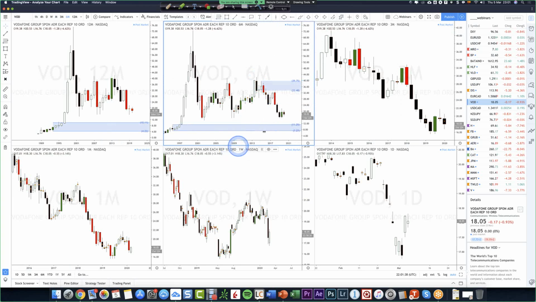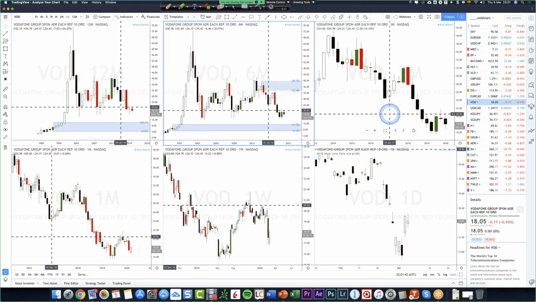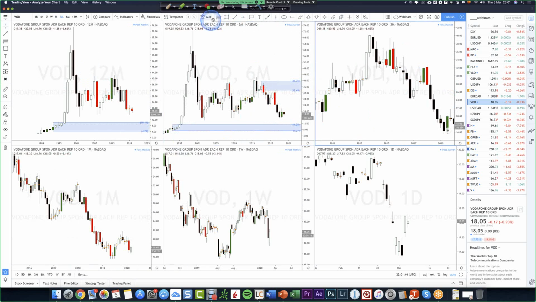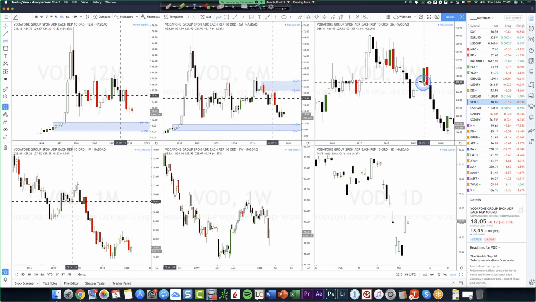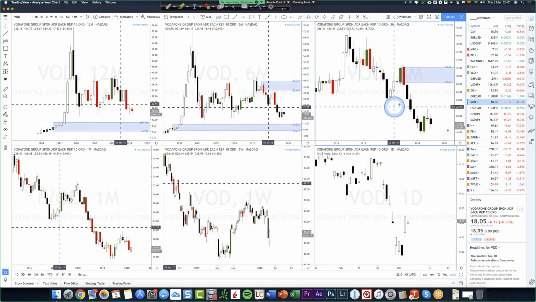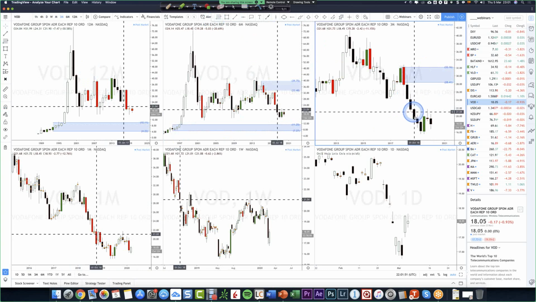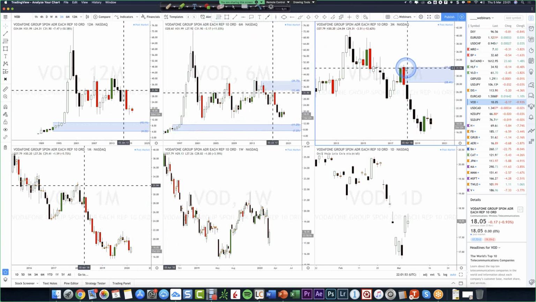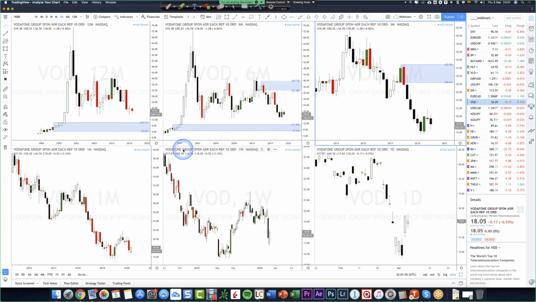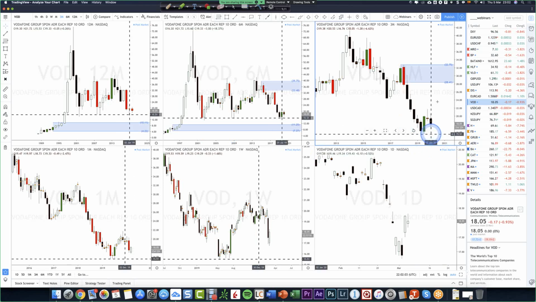So 6 months in the downtrend, 12 months bearish bias, 3 months in the downtrend, super strong area of supply created. Now we've got 1, 2, 3, 4, 5 ERC candles. So what are we expecting?